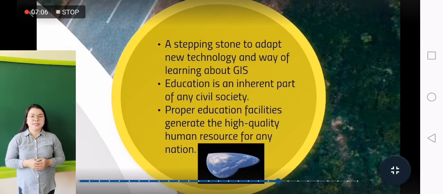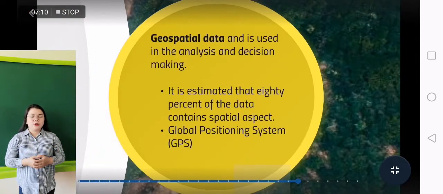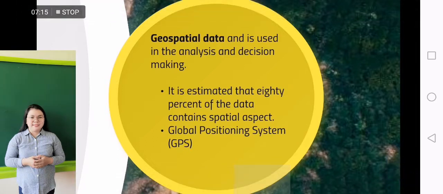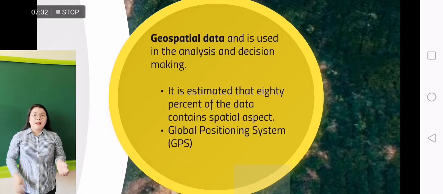Geographic information system can serve the mission requirements not only for government but also for the general public. GIS is a collection of tools and techniques that works on geospatial data and is used in analysis and decision making.